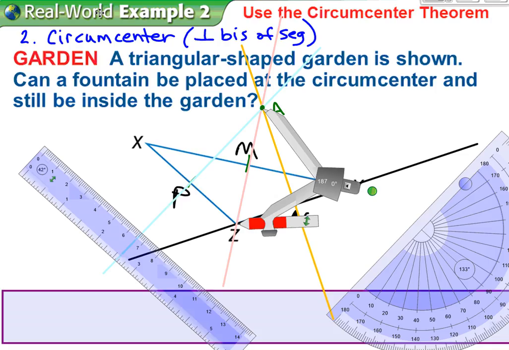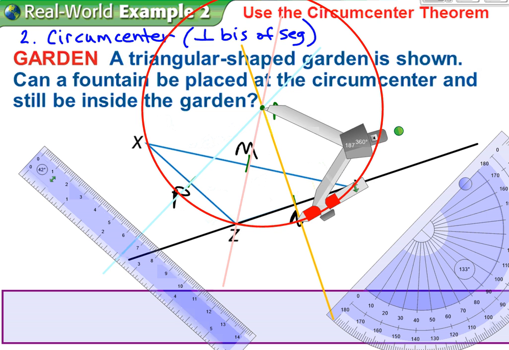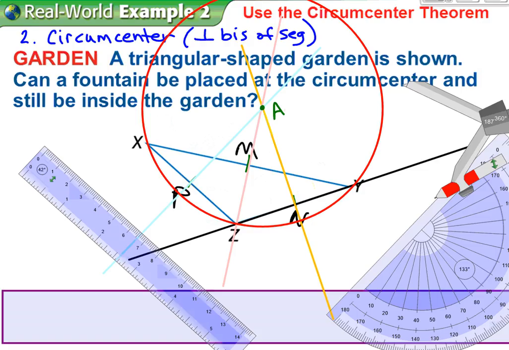And then if you draw that circle, it's like you're testing how well you did. Your circle should touch X, Y, and Z. If it's not perfect, that's okay.